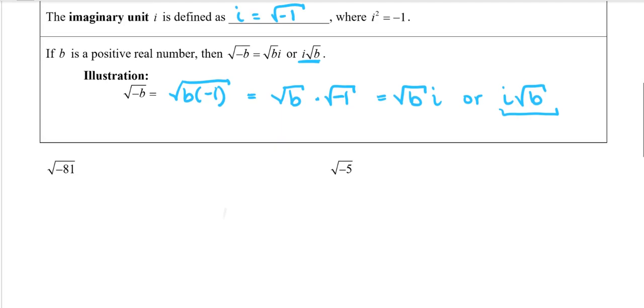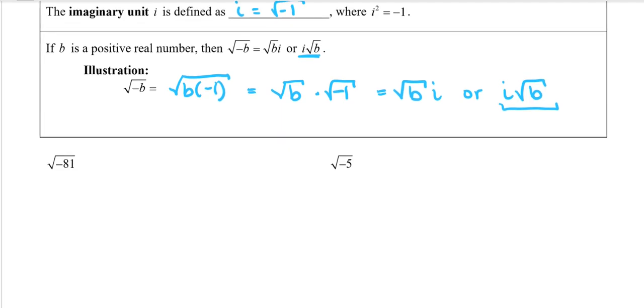So let's look at a couple of examples. I could rewrite the square root of -81 as the square root of 81 times the square root of -1. And then the square root of 81, well, hopefully we know 9 times 9 is 81, so the square root of 81 is just 9.